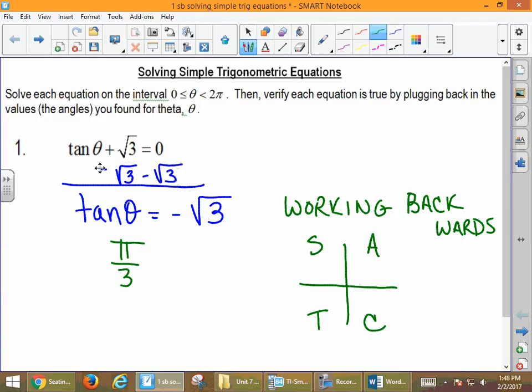Tangent is positive where all the trig functions are positive, and it's also positive in the third quadrant. So we need a second quadrant angle and a fourth quadrant angle that have pi over 3 in them. What's our pi over 3 in the second quadrant? 2 pi over 3. And then what's our fourth quadrant angle? 5 pi over 3.